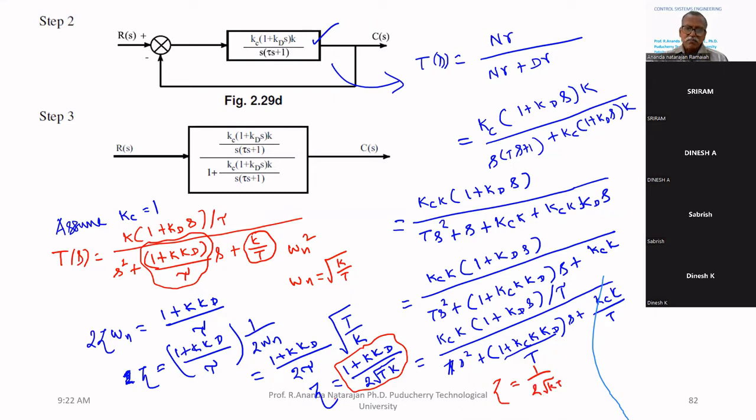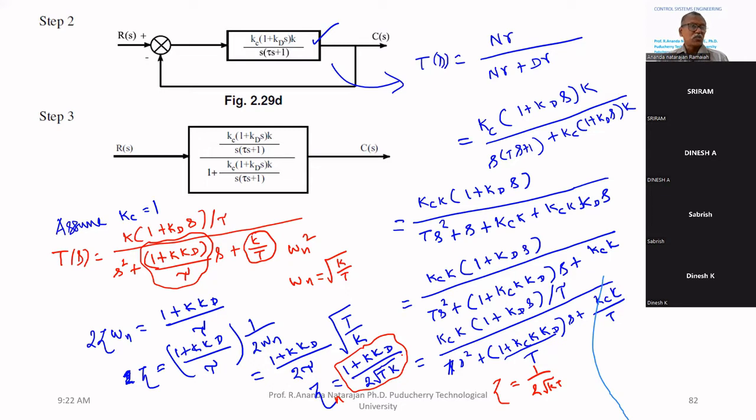New zeta is 1 plus KD upon 2 square root of KT. So zeta can be modified. How much is it increased? 1 plus KD times. By selecting an appropriate value of KD, we can select zeta. So derivative controller can fix zeta.